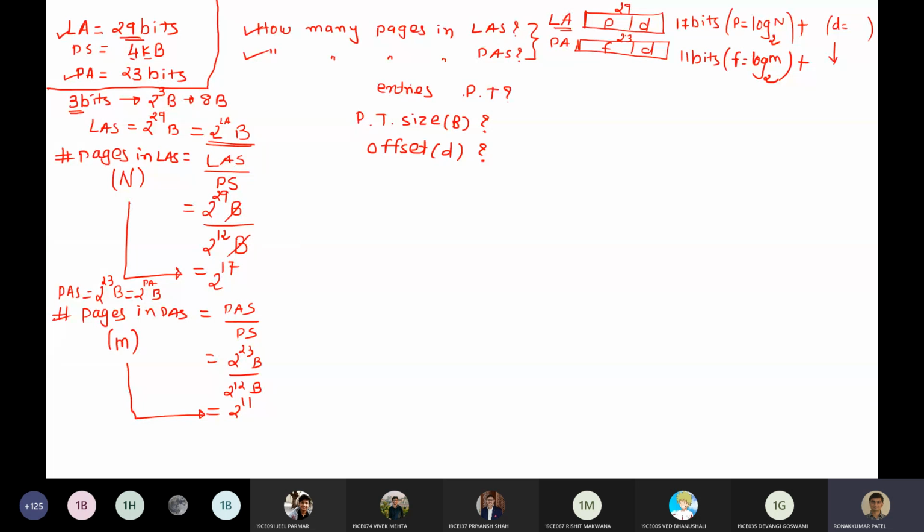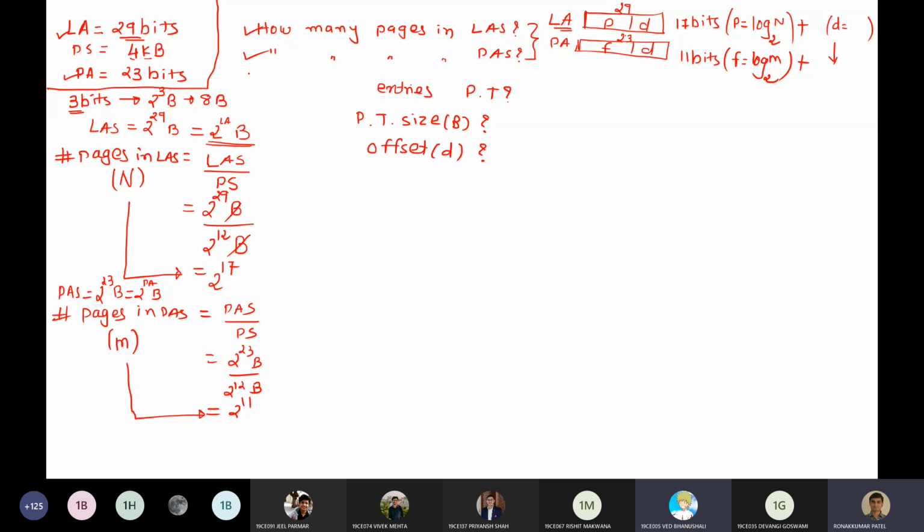Okay, now concentrate on this page size. What is page size? Bytes are the parts.